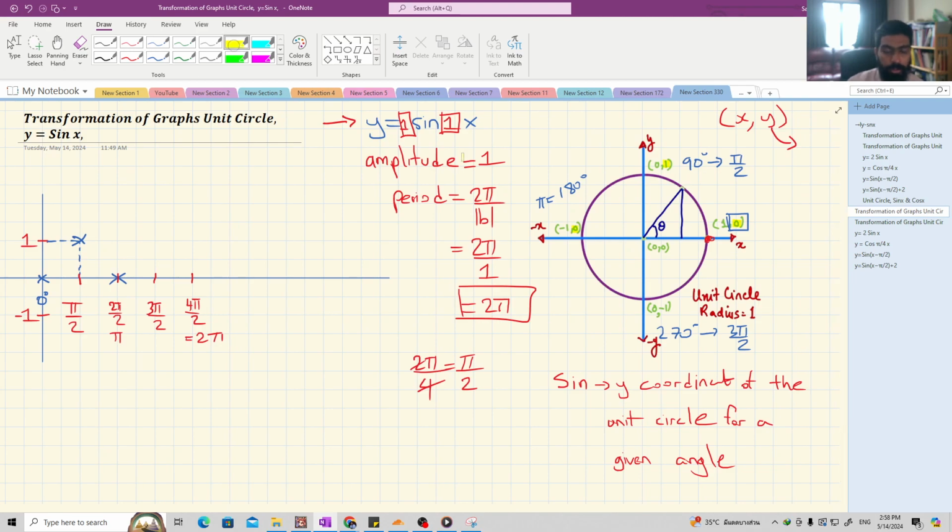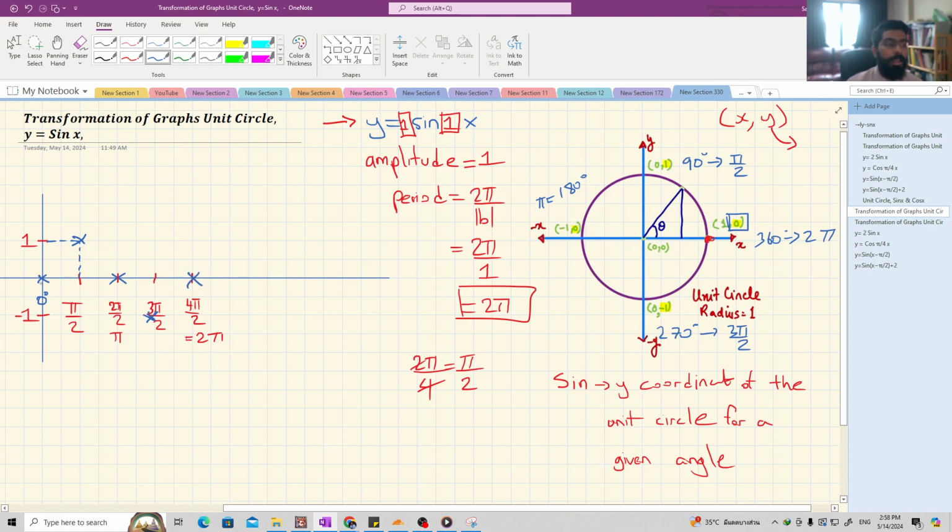Now for this, we see that the sine value is -1. So for 3 pi over 2, the sine value is -1. So I'm going to put it right here, guys, right here. And finally, coming back to 360 degrees, which can also be written as 2 pi, sine has a value of 0, which is going to be right here.